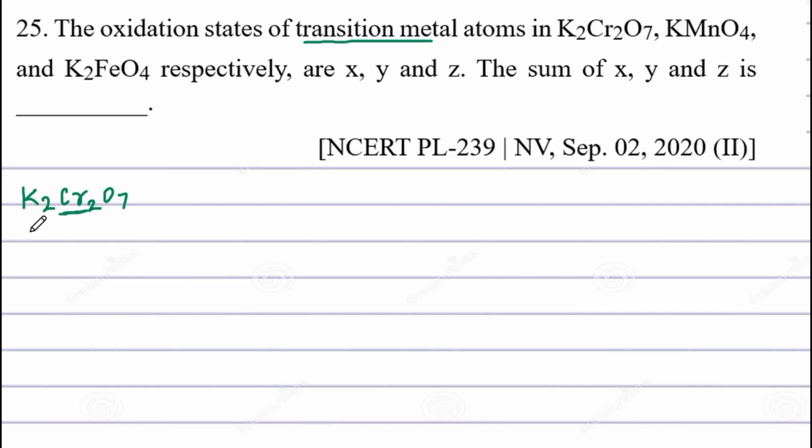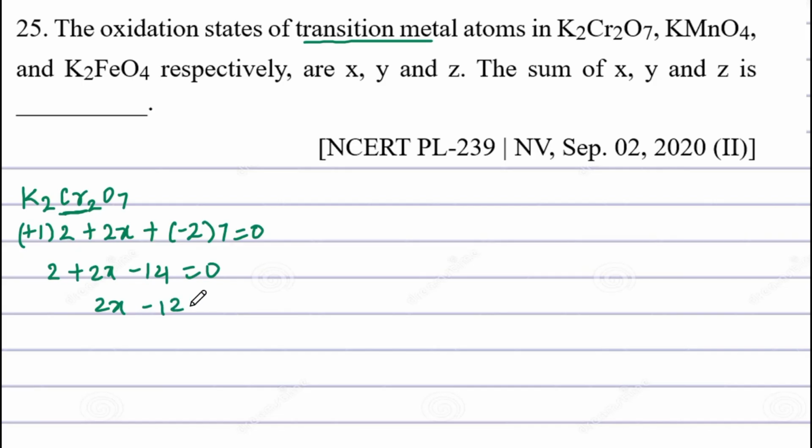Potassium is a group 1 element, so always +1 oxidation state, into 2, plus 2x because 2 chromium atoms are there, plus minus 2 into 7 equal to 0. So 2 plus 2x minus 14 equal to 0, 2x minus 12 equal to 0. So x is plus 6.